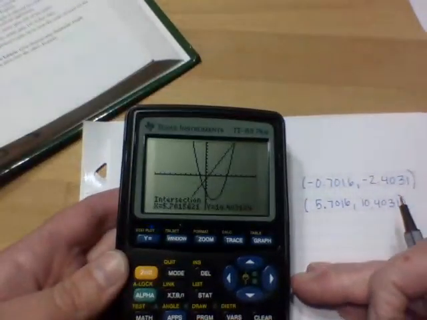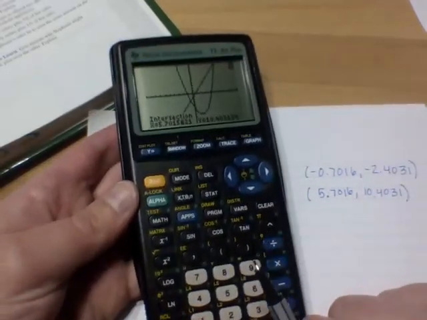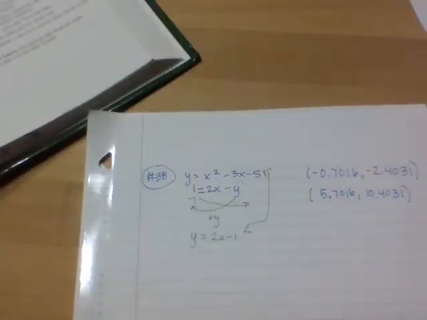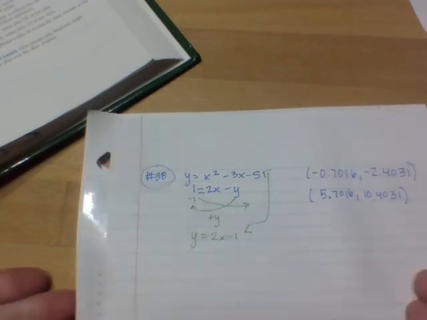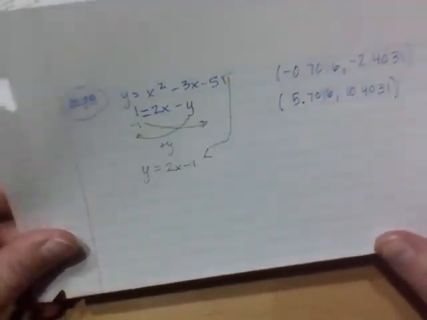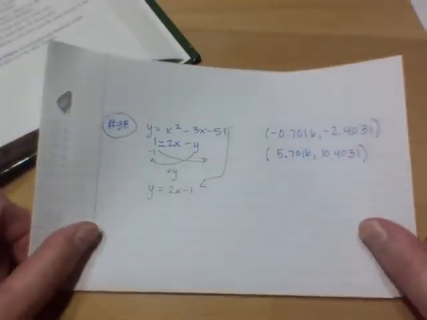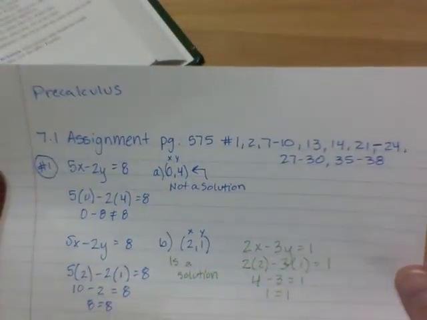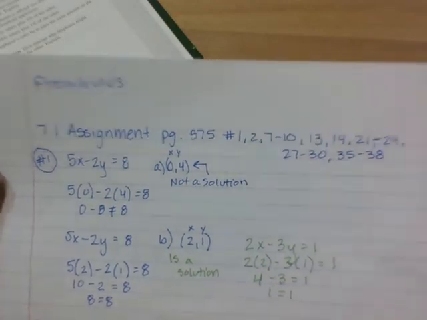All right. So again, if they give you things on the answer key for the book that has square roots and stuff, it's because they did it algebraically to get the exact values, but clearly we used it graphically with our graphing calculator. So hopefully that helped you through the 7-1 assignment, and that is the first one for Chapter 7.